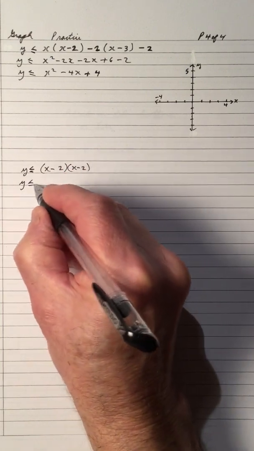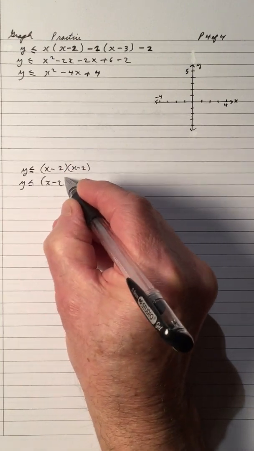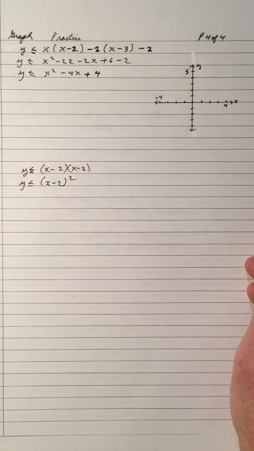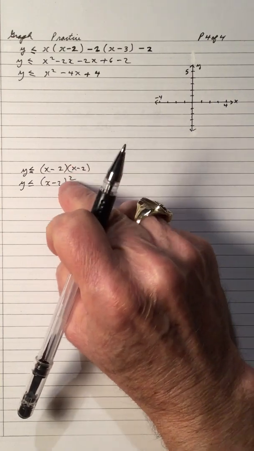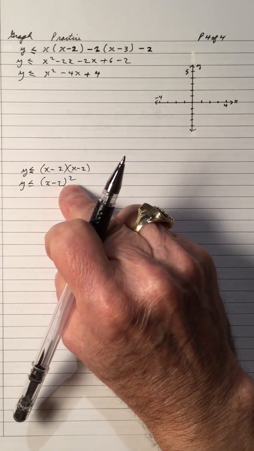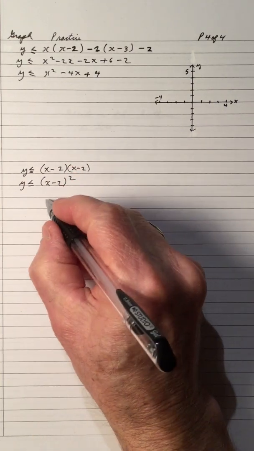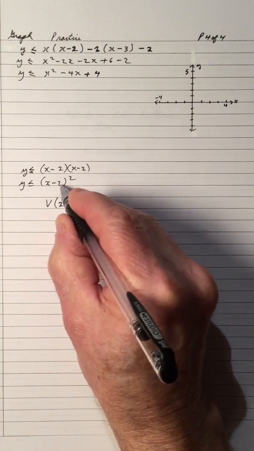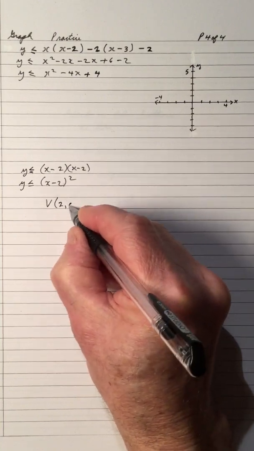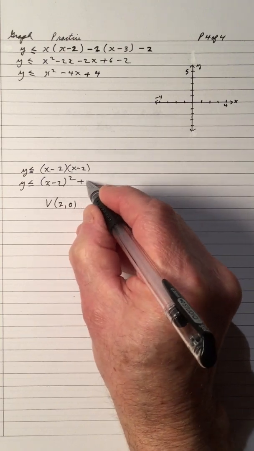So y is less than or equal to x minus 2 squared. I just happened to notice that this factors as x minus 2 squared. If that's the case, then it's easy. You notice that the vertex, when x is 2, which is the opposite of this, y is 0. Again, there's a 0 on the end.